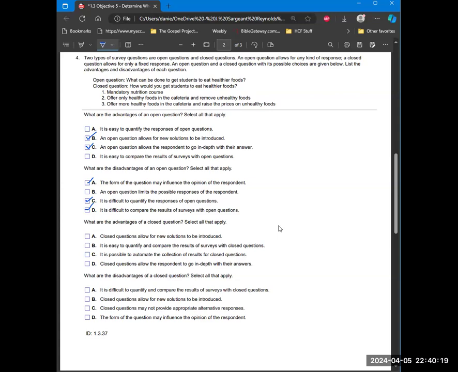And what are some advantages to a closed question? So kind of the opposites here of the negatives of the open-ended question. With a closed question, it is easy to quantify and compare the results of surveys. And it is possible to automate the collection of results for closed questions.